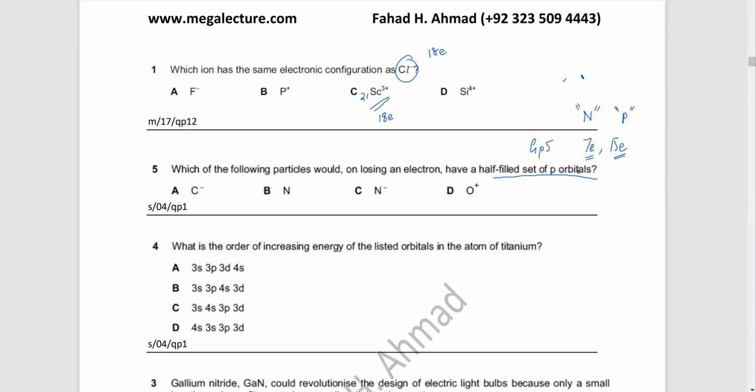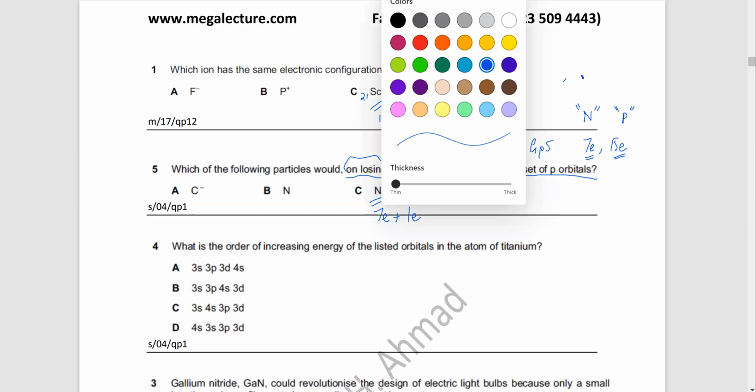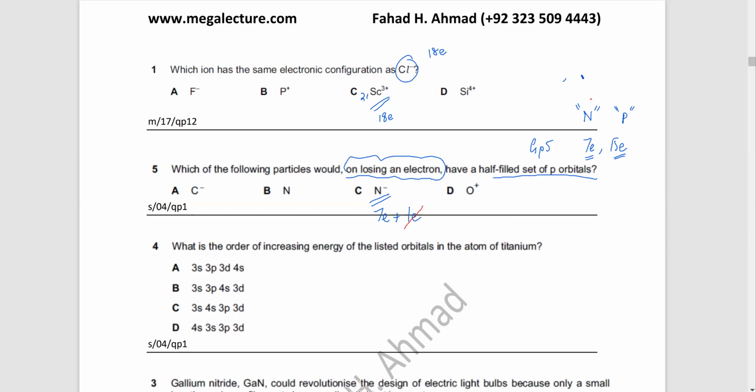But the question states that the element must get that electronic configuration on losing an electron. For example, nitrogen -1 means that instead of 7 electrons, it has 1 extra electron. So if it loses an electron, it's going to have 7 electrons, exactly the electronic configuration of a group 5 element.